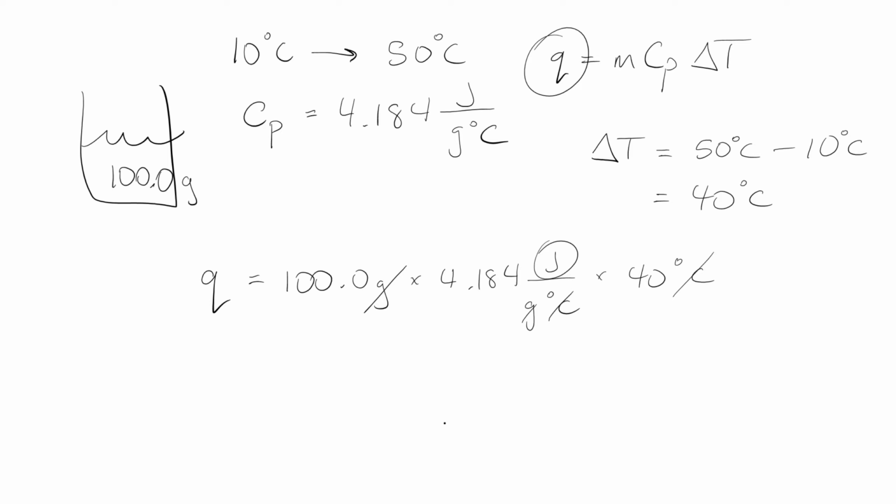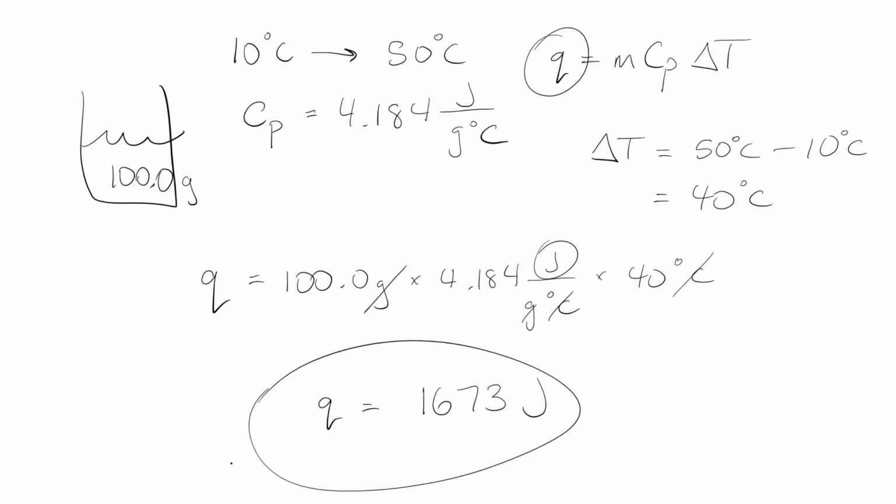Multiply that by 4, and you get about 1,673 joules, just doing some quick mental calculations. So it takes 1,673 joules of heat to bring 100 grams of water from 10 degrees Celsius to 50 degrees Celsius.